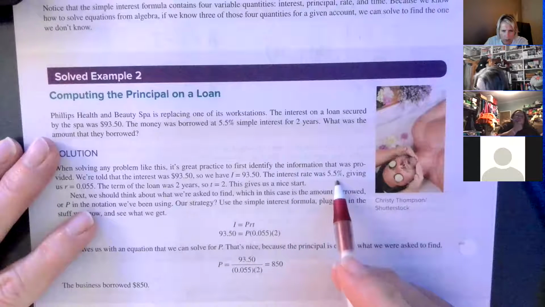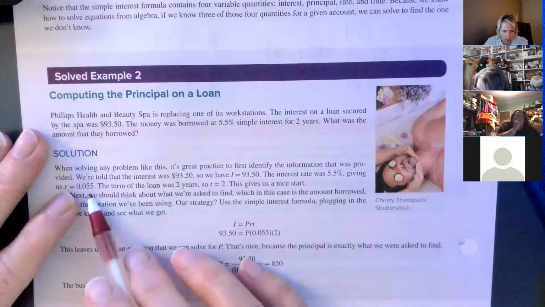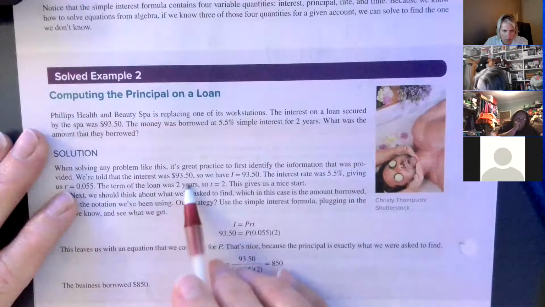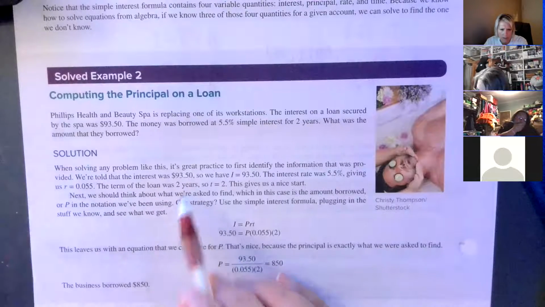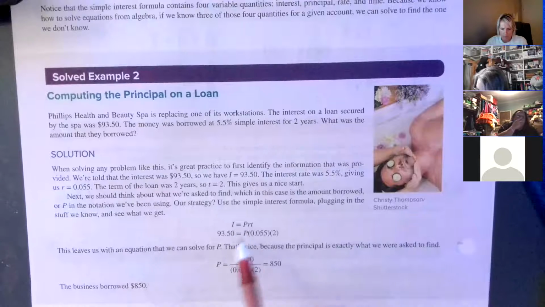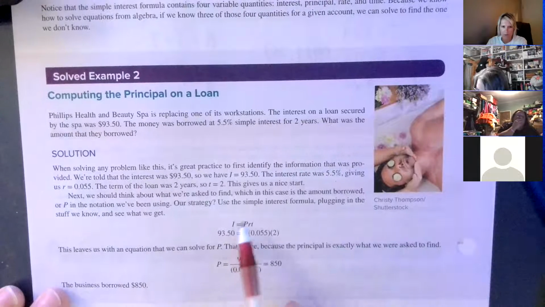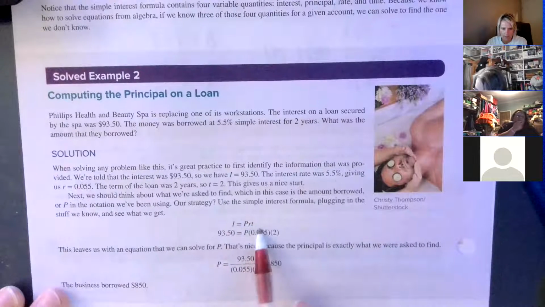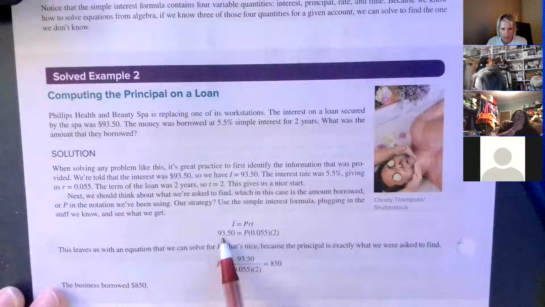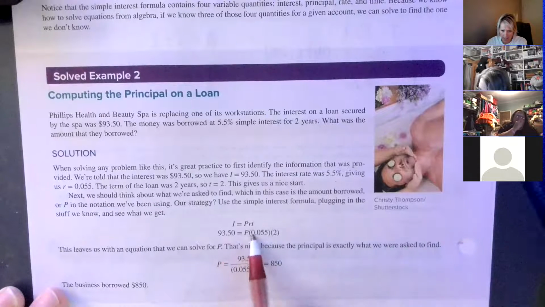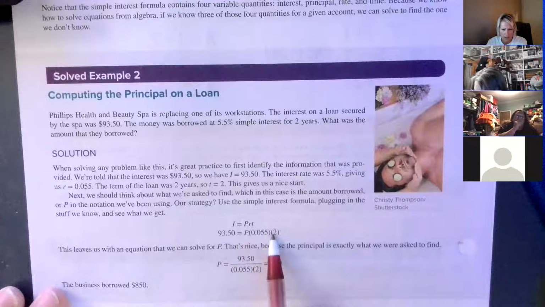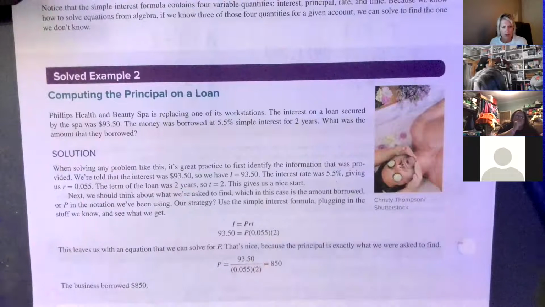The rate was 5.5%, so it's 0.055. And the loan was for 2 years. So that's T. So I recommend writing the formula like they did. And then they filled in what they knew. They knew I, they did not know P. They knew what their interest rate was and how many years they were going to take to pay it off.